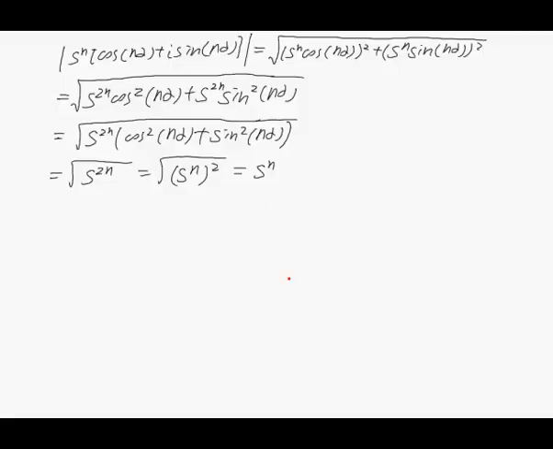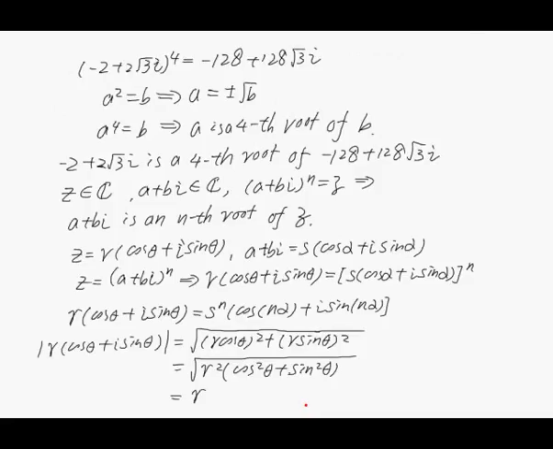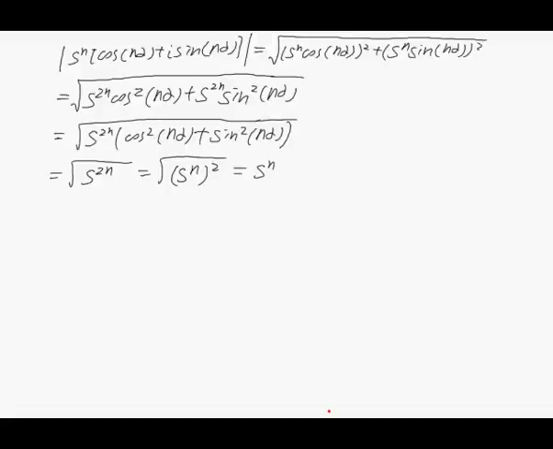So now, let's compare this with the result we got here. This is the modulus on the left side, and s to the n is the modulus on the right side, because we know they are just the same complex numbers. So they should have the same moduli. Then we know r is equal to s to the n. Any question? Right?